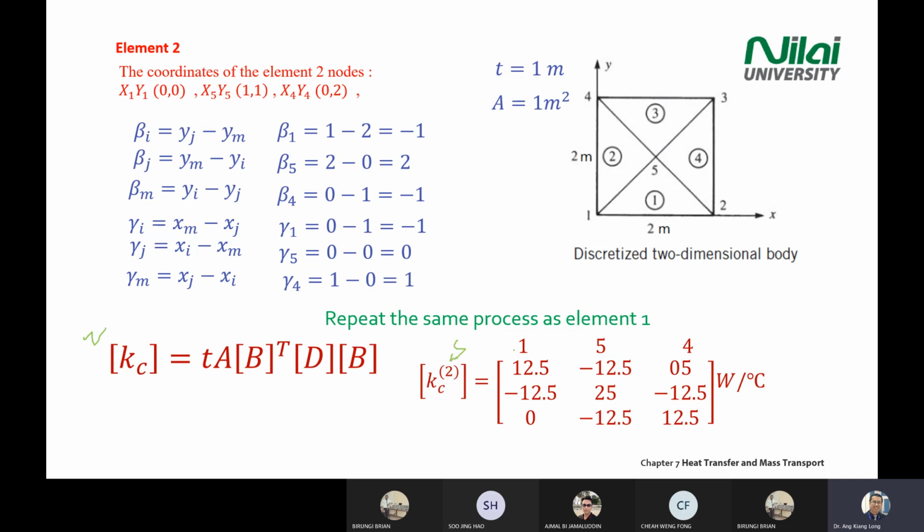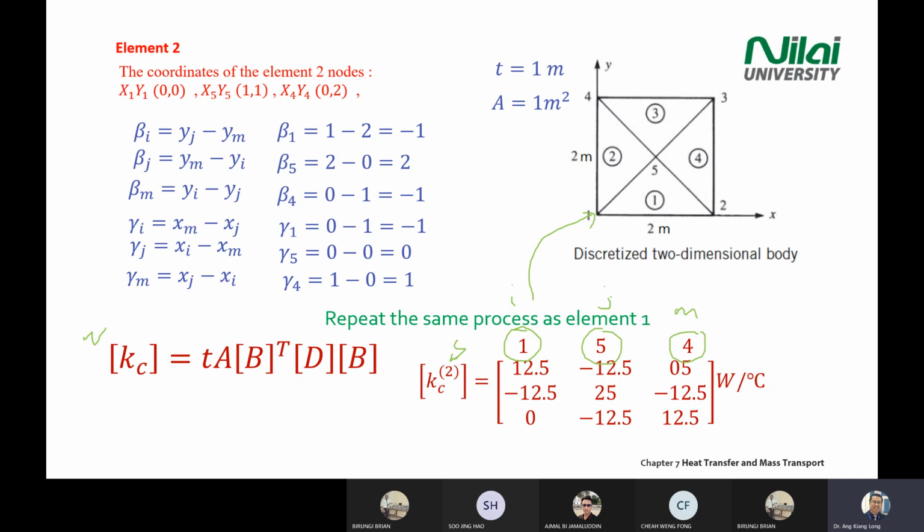And then remember to remind yourself that actually all these numbers mean something. So when you assign the numbering, make sure you follow the I, J, M. And why is this one 1? Because you are looking at element 2.